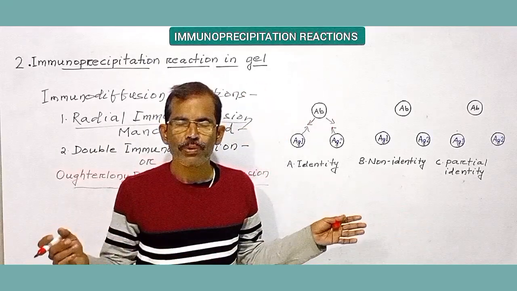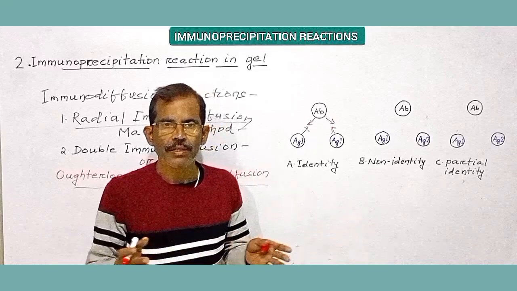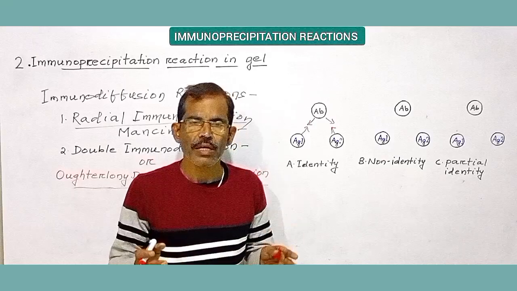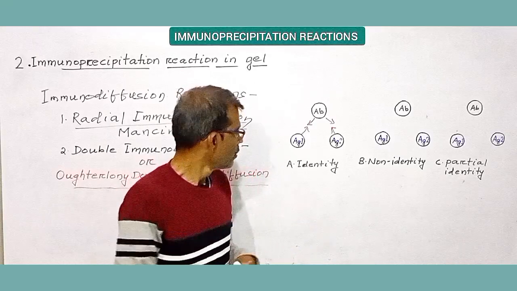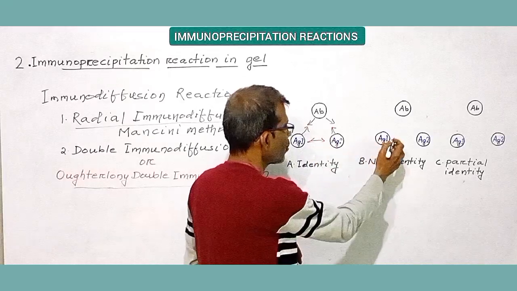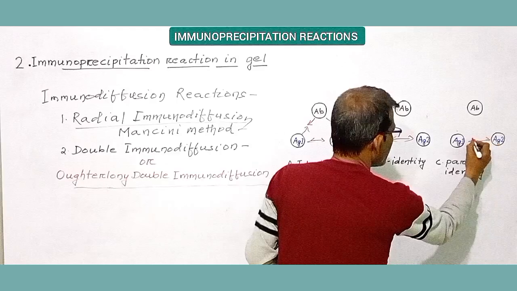Double immunodiffusion is used for the detection, identification and quantification of antibody and antigen. The relationship between two antigens can also be analyzed by this technique.